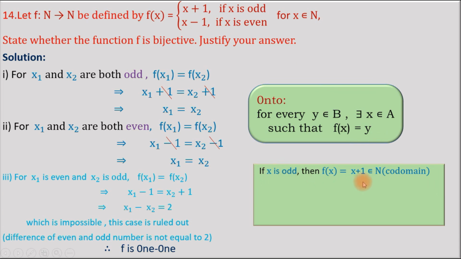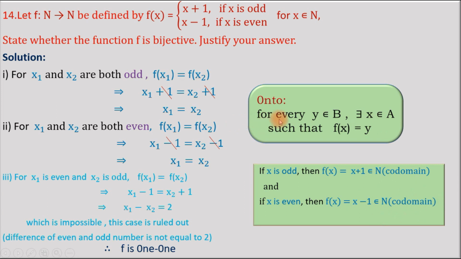Since x is odd, x plus 1 becomes an even number which belongs to the natural numbers codomain. And if x is an even number, f of x is x minus 1. Since x is even, x minus 1 is an odd number which belongs to the codomain.